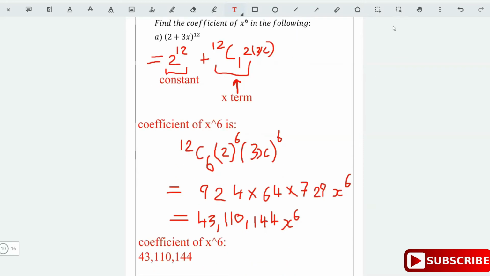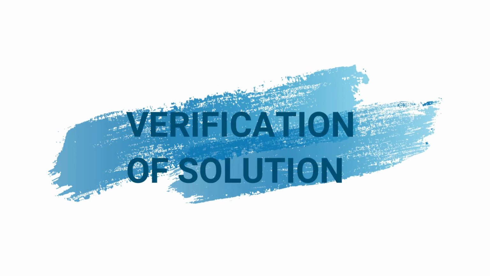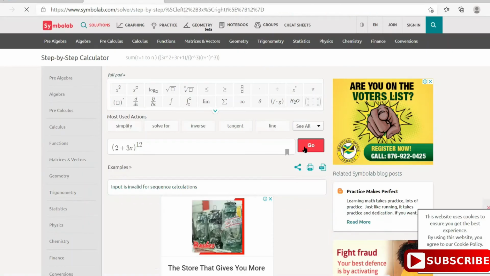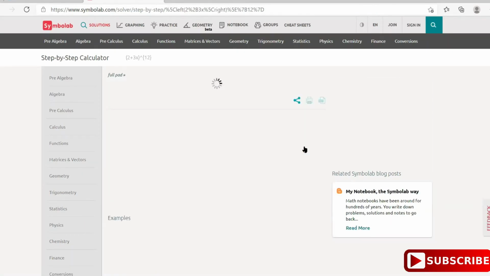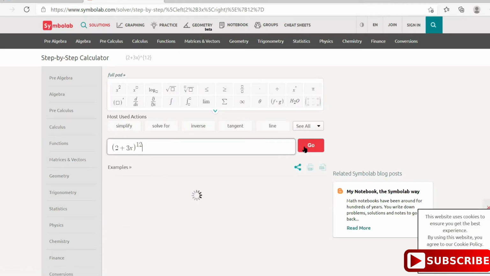That's that. Just to verify it for you, I'm going to expand 2 plus 3x to the 12 in full. Of course, I'm not going to do that by hand. I'm going to verify it right here. 2 plus 3x raised to the 12th power. Doing the full expansion takes time because it's a very big number.